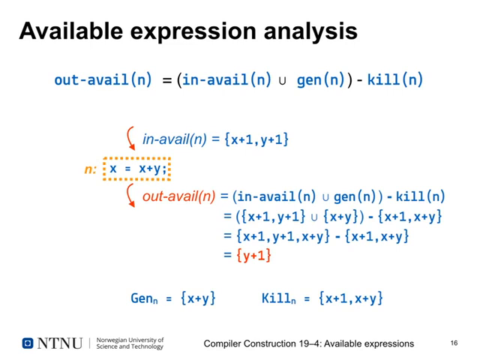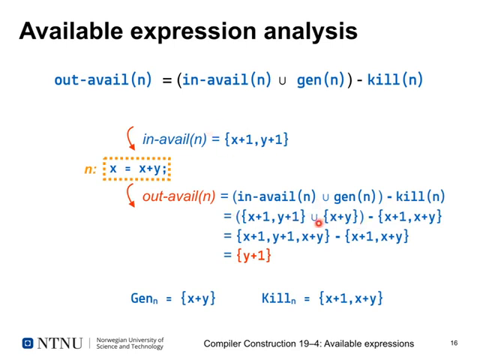So using this, we can look at an example of how to calculate this, and this is the way you would do it if you would implement this static analysis in a compiler. For example, we have again our instruction x equals x plus y as our instruction n here. Before that instruction, we had the in available set of x plus 1, y plus 1, and so now we join the in available set with the gen set and subtract the kill set. So we have x plus 1, y plus 1.